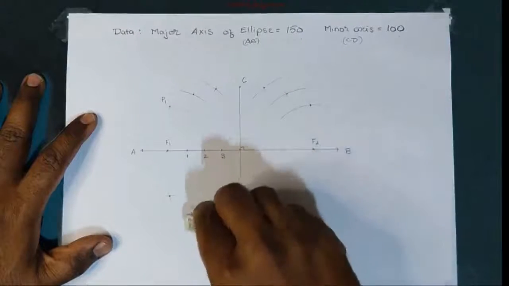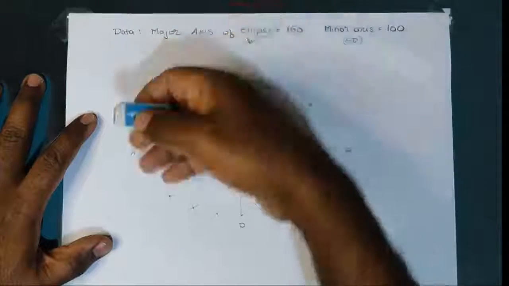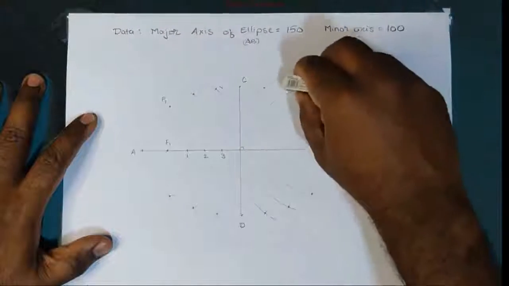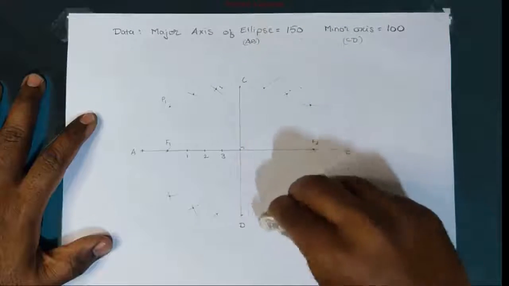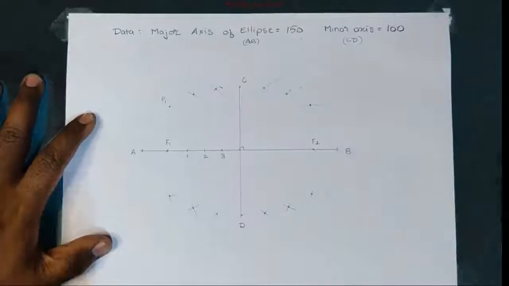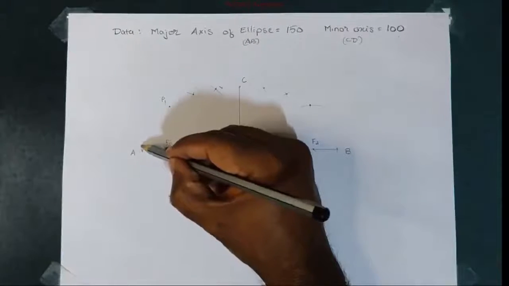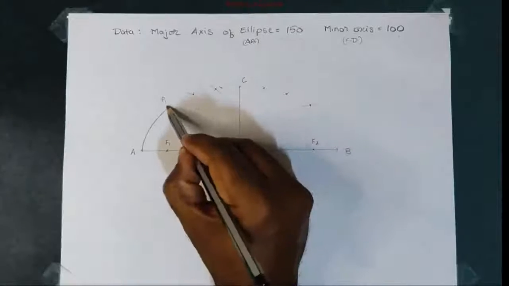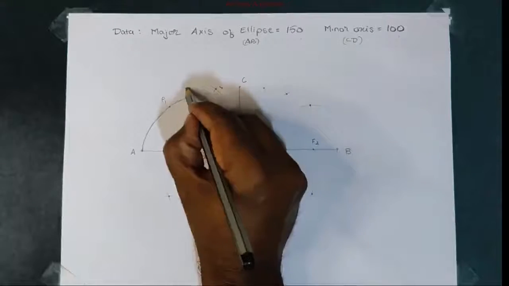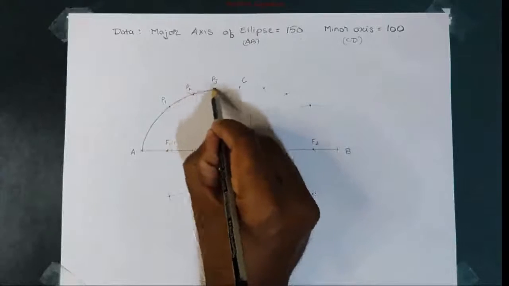Okay, so remember A to 1, 1 to B, total is the major axis. Similarly, A to 2, 2 to B combination I used, and I again got the total as the major axis. And A to 3 and 3 to B combination I used through the foci, found the intersections, and that gives me 6 total intermediate points on the ellipse.